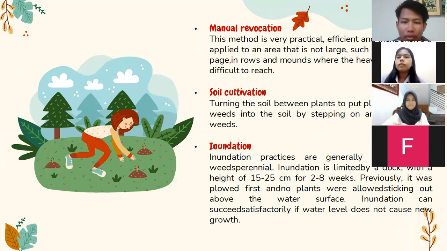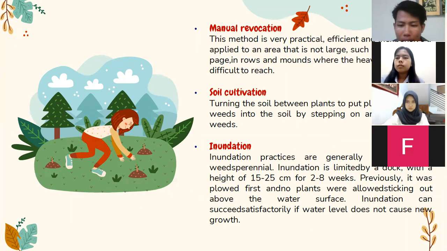This method is very practical, efficient, and inexpensive if applied to an area that is not large, such as on the home yard, in rows and where heavy equipment is difficult to reach. Soil cultivation. Turning the soil between plants to put plant residue and weeds into the soil by stepping on or burying the weeds. Inundation. Inundation practices are generally successful for perennial weeds.